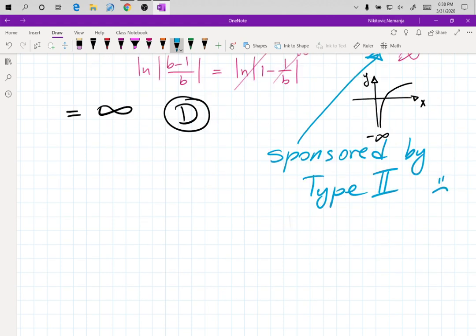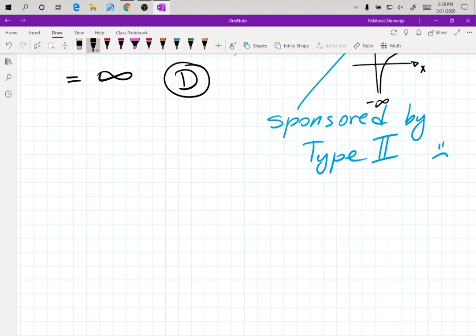So let's talk about type 2 so we can understand it. This is a scary one because we don't necessarily see it, we don't necessarily recognize it, and if it sneaks in, it always makes a lot of mess.